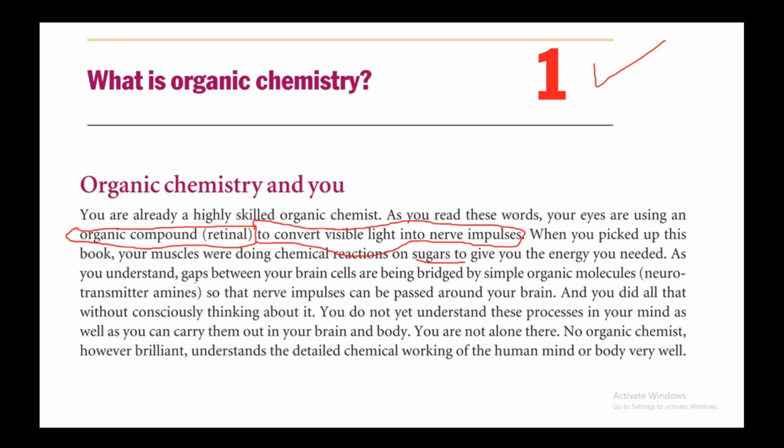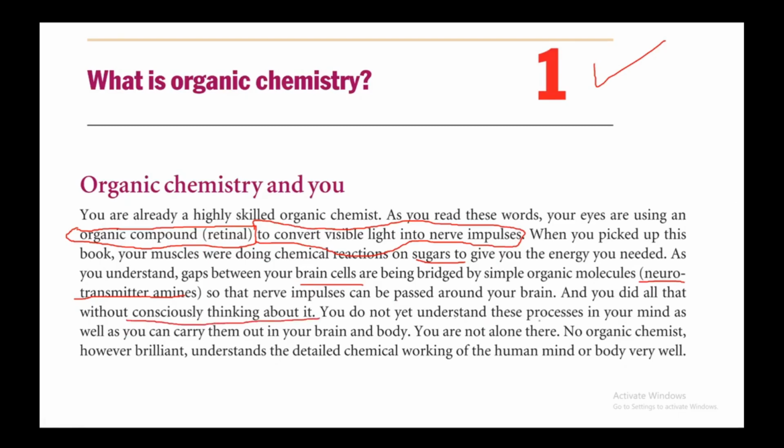Gaps between your brain cells are being bridged by simple organic molecules called neurotransmitter amines, so that nerve impulses can be passed around your brain. And you did all that without consciously thinking about it.